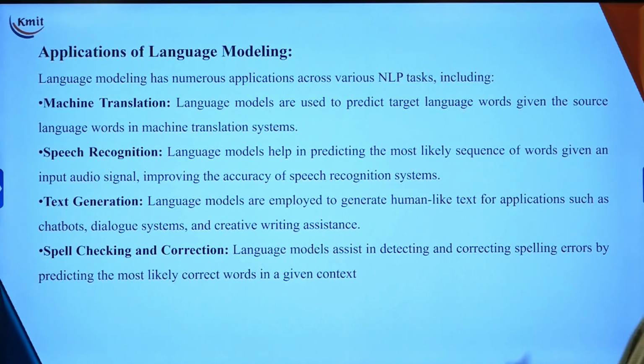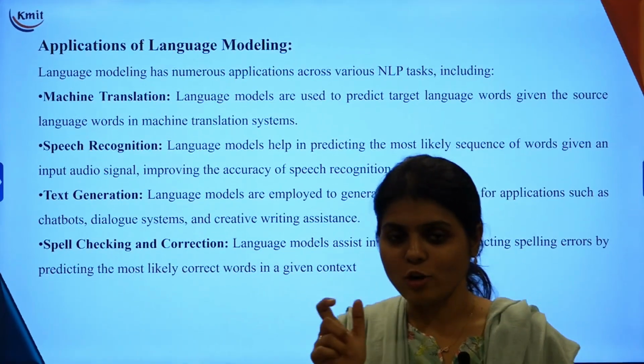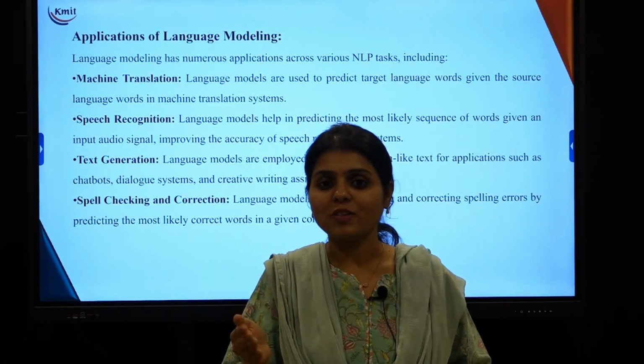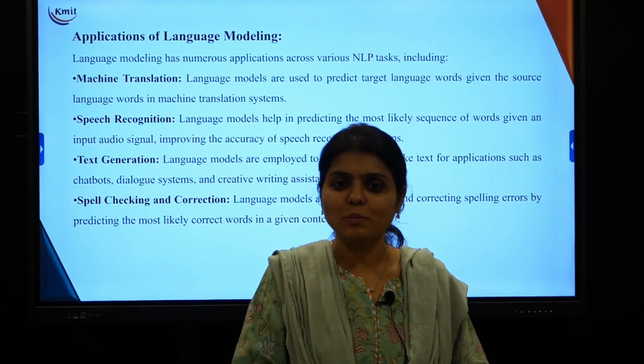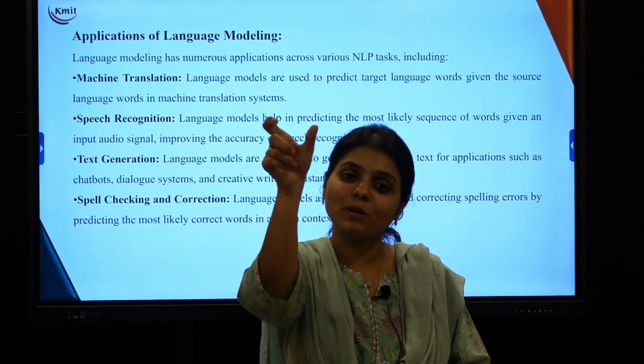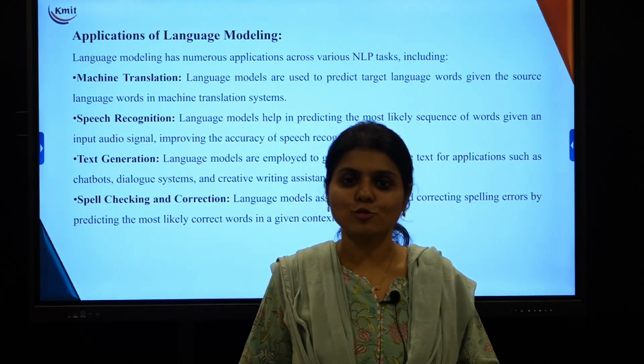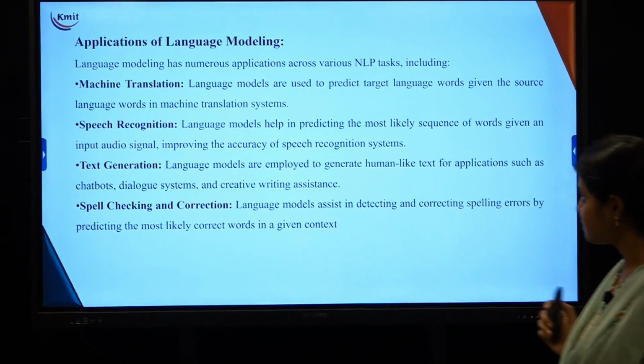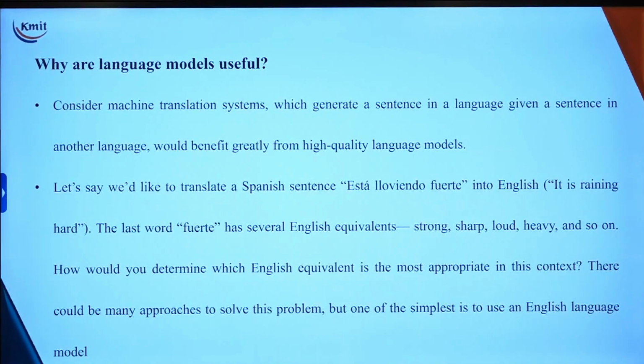If I make a spelling mistake in a Word document and right click on it, I get multiple options for which word would be correct. The word with the highest probability is given at the beginning, which we actually choose to correct. Why are these language models useful?